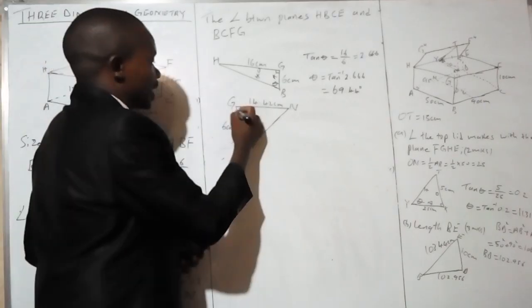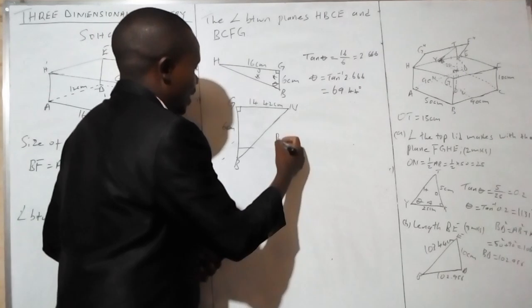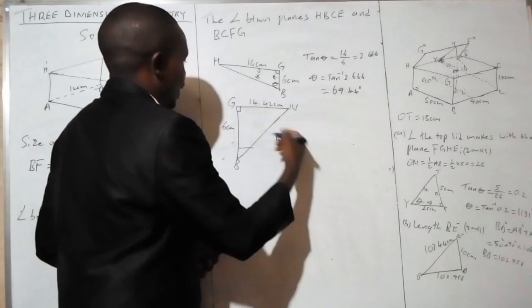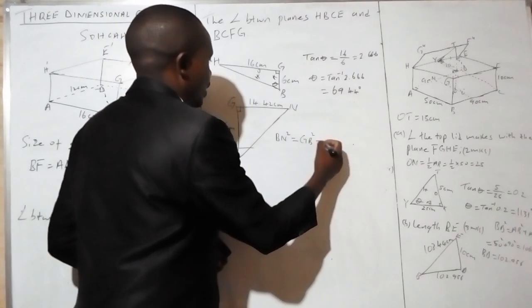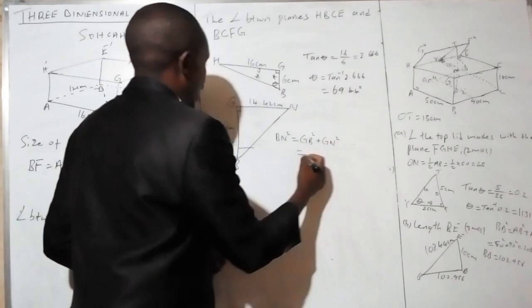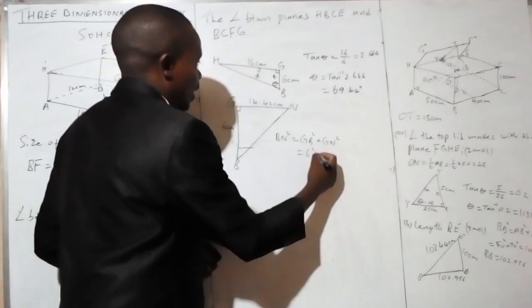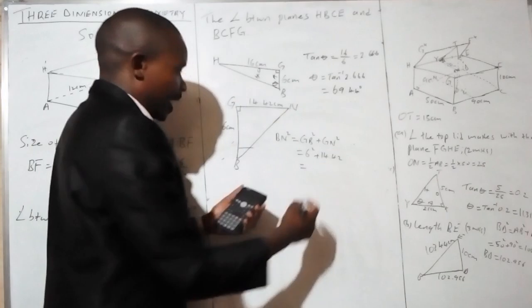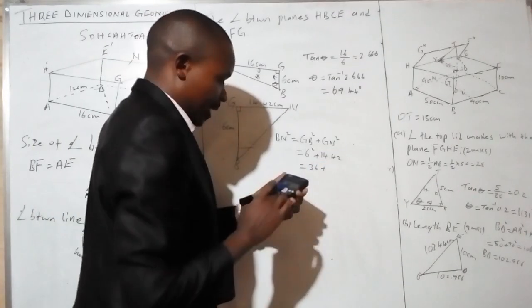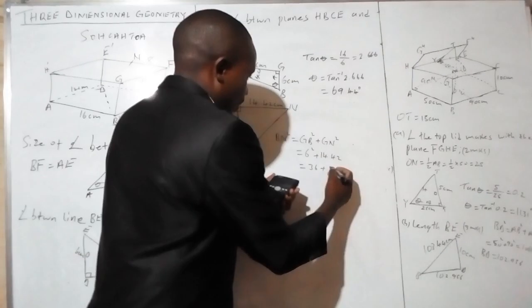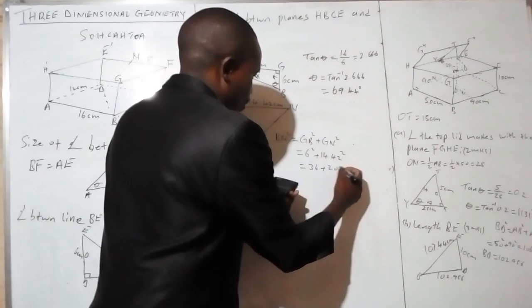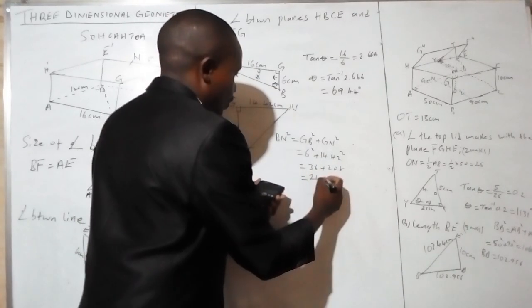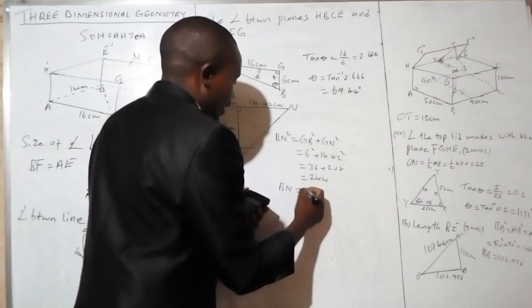Therefore, BN, the one that we are supposed to calculate, this angle is 90 here. We are going to say that BN squared is equals to GB squared plus GN squared. GB 6 squared plus GN 14.42 squared. 36 plus answer is equals to 208 plus 36, 244, and BN is equals to square root 244.